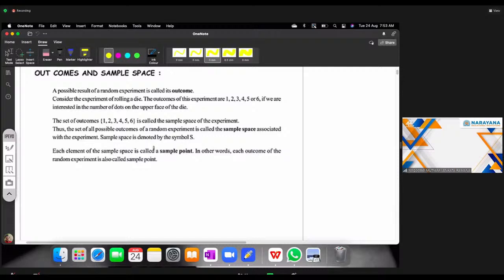Each element of the sample space is called a sample point, or also a simple event.